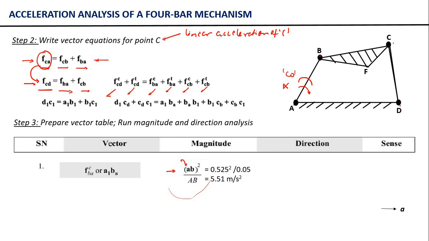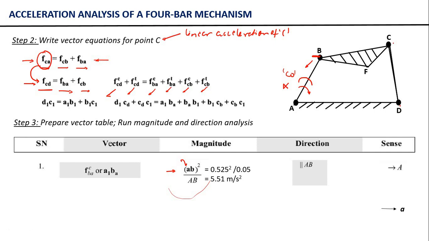And again the direction of this FBA C vector will be from B towards A. This is the centripetal component, so it's very obvious that it will be from B towards A and parallel to AB. So let us mark all these things into this table one by one. This is what we did for the velocity analysis; we are simply running a magnitude and direction analysis here also.